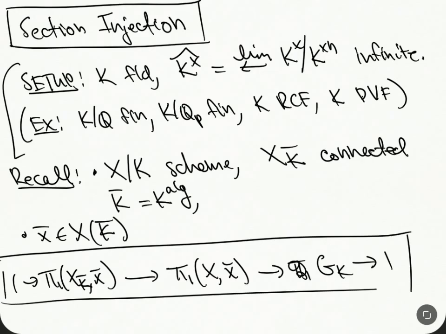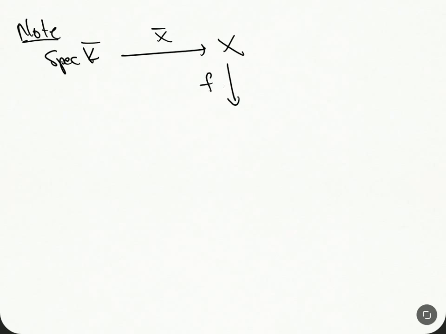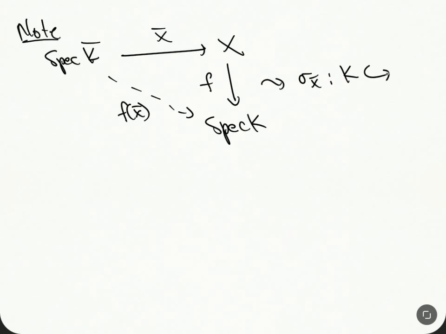Let me make a little remark about G_K. Note that if we take this x bar from spec K bar to X, and X goes down to spec K, this is the structure map f. We get f of x bar, and this induces some embedding of K into K bar.